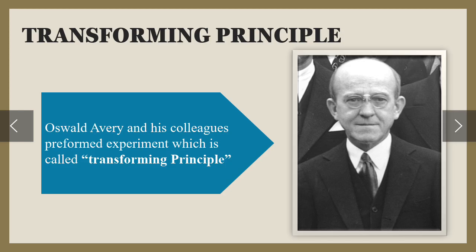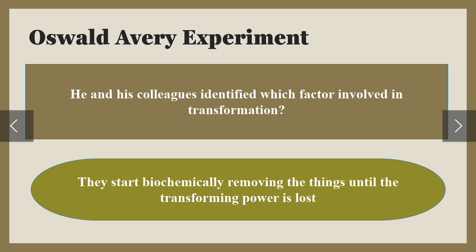Transforming principle. Oswald Avery and his colleagues performed the experiment called the transforming principle. You can see here the scientist's picture. He and his colleagues identified which factor is involved in transformation. They started biochemically removing things until the transforming power was lost.